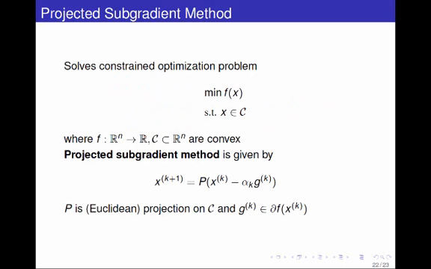Okay, in our dual function optimization problem, what does this set script C look like? We were maximizing phi of lambda comma nu.